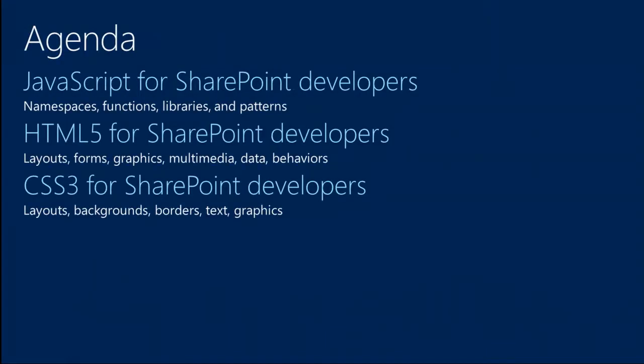Okay, and here's our agenda. Here's what we're going to do in the next hour and 15. We're going to talk about JavaScript, HTML5, and CSS, but specifically the idea is that this presentation is targeted at SharePoint developers, with my idea being that SharePoint developers have done some JavaScript, we do some CSS, right? We dabble in all these things. But typically what we've done in the past is we sort of glued stuff together. So somebody says, oh, there's no really good way to do this in the server object model.